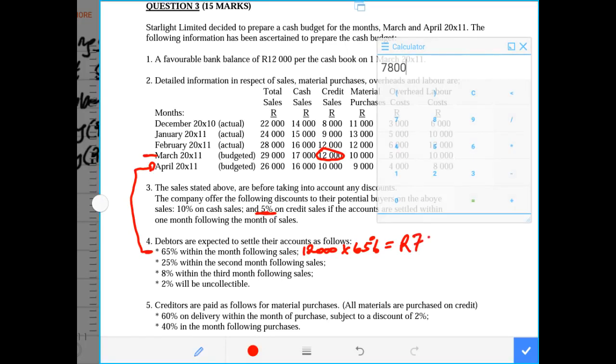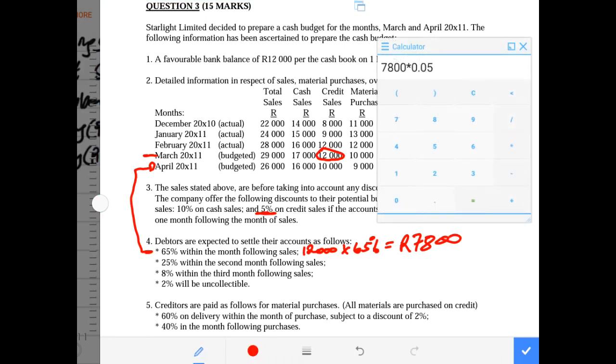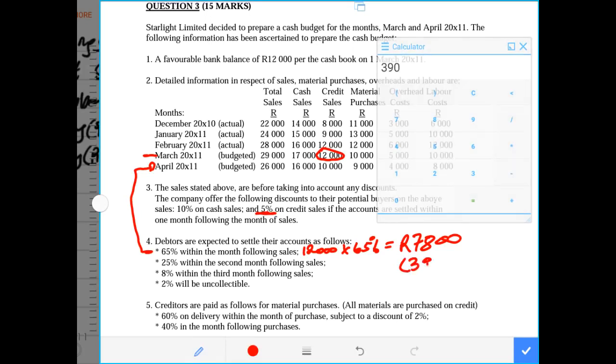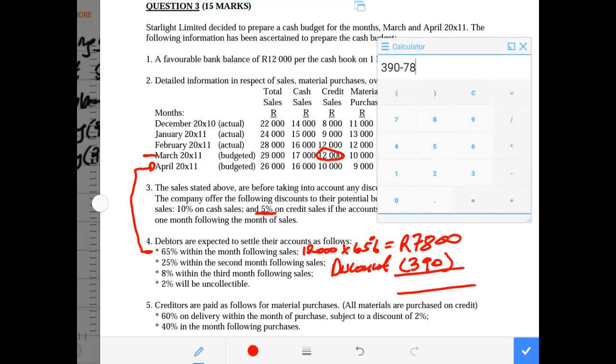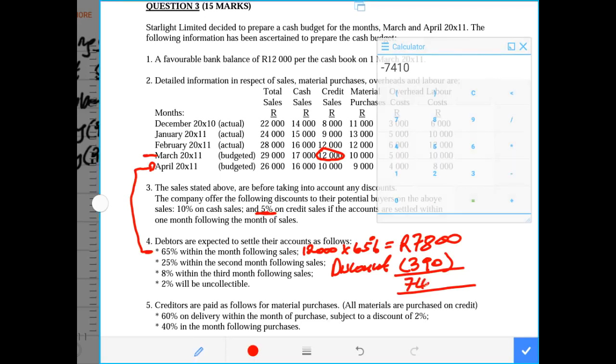That means 7,800 will be collected. Then out of that a discount of 5% will be granted. Then we say 390 will be a discount. Then that will be 7,800 minus 390. That will give us 7,410.